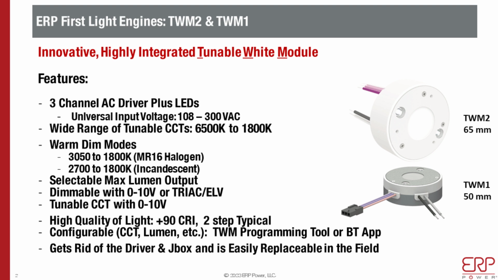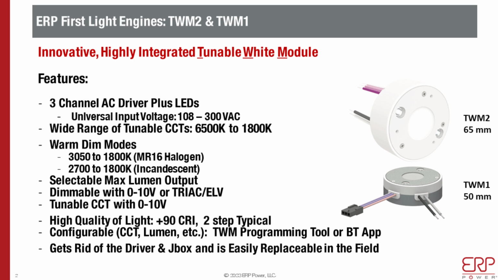And it also has numerous features like warm dim, and even the warm dim, you can put in halogen or incandescent mode. And you can also select the maximum lumen output and set it to even lower or mid-range. And we'll talk about that later with the app.